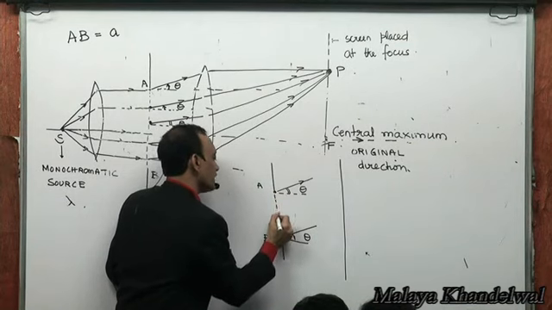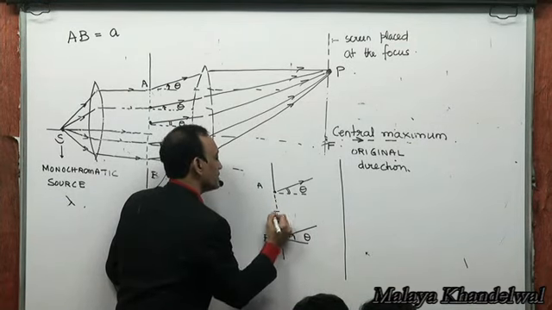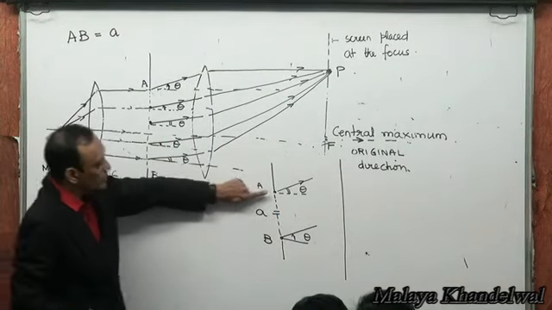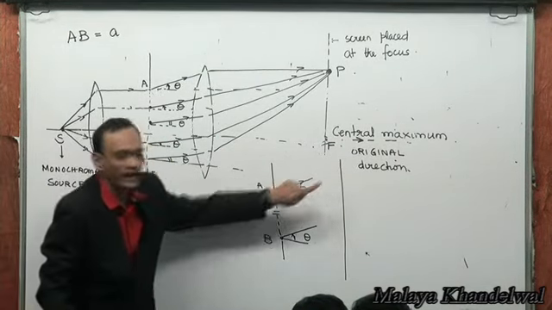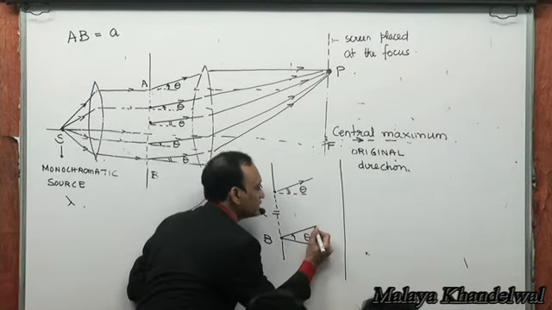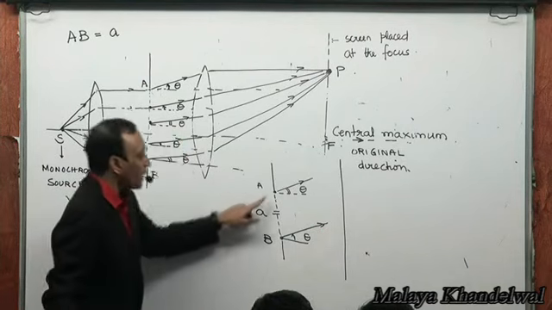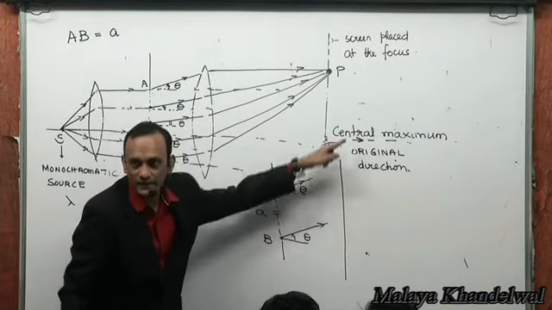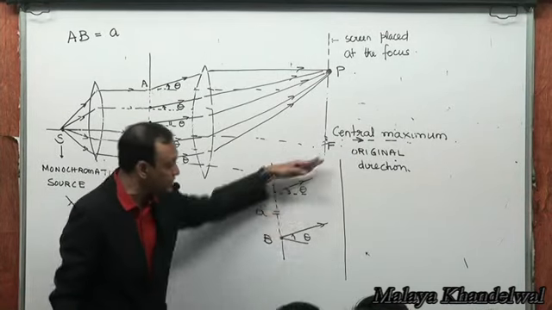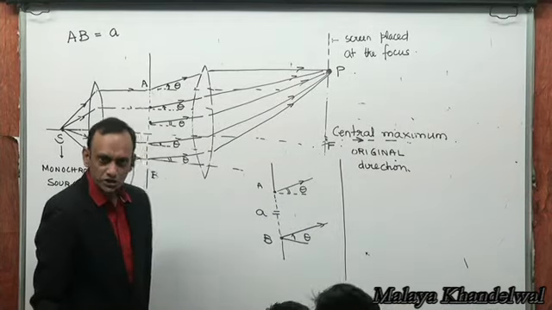AB is small a, right? So the energy leaving A diffracted at an angle theta, the energy leaving B diffracted at an angle theta. There is a path difference between these two rays when they superpose on the screen.